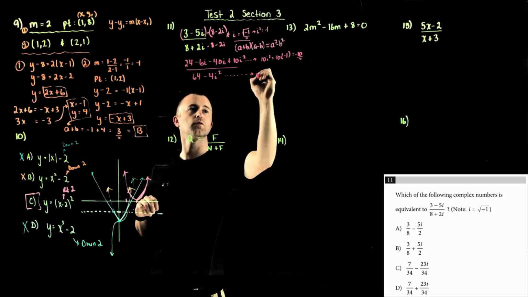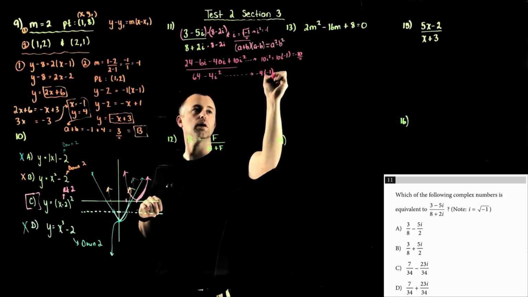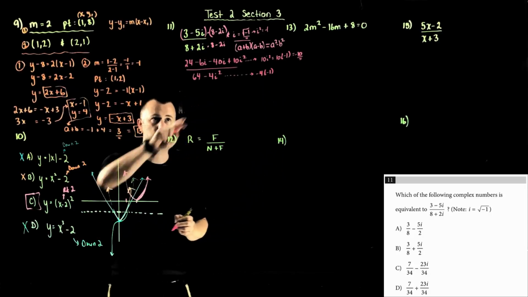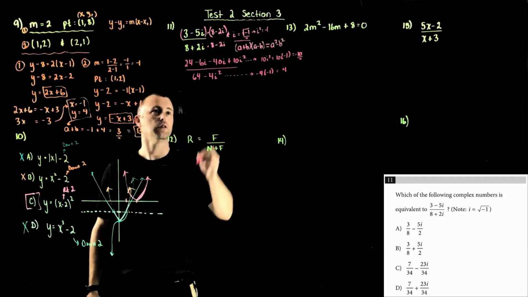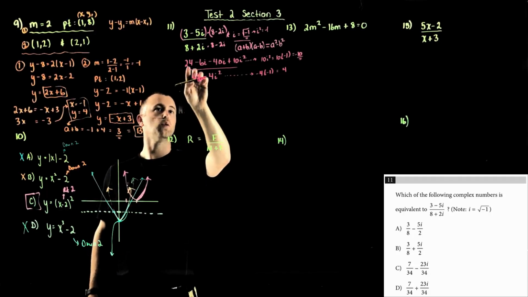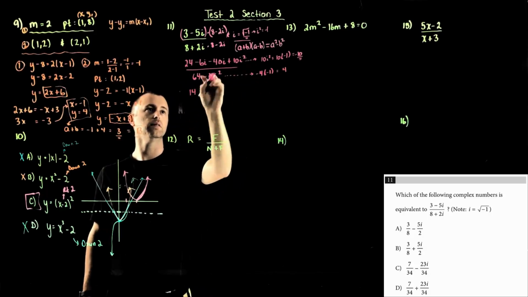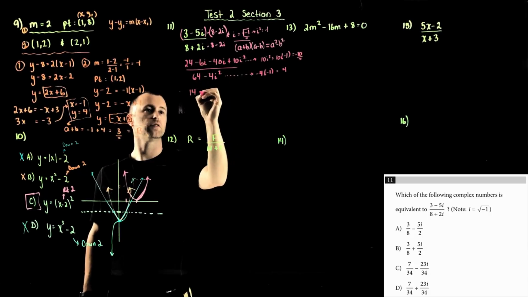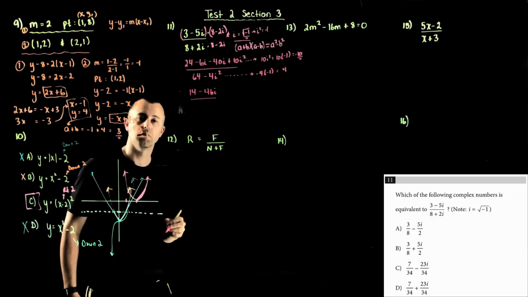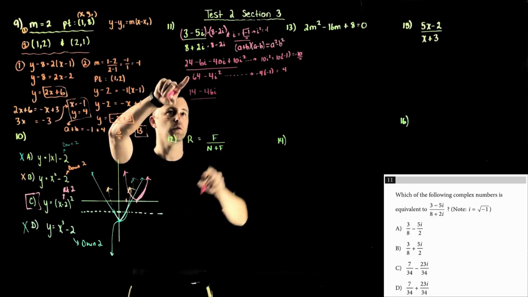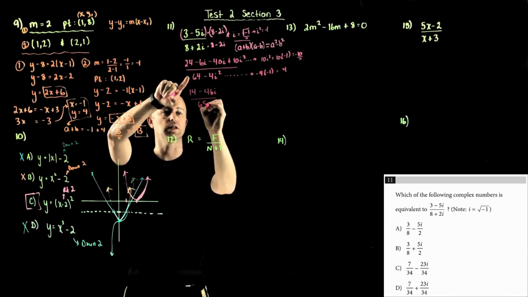Take this minus 4 times i squared, and we have minus 4 times -1, so that's going to equal, in this case, positive 4. So I have 24 minus 10, so that's going to give me 14. I have -6 minus 40, which is -46i. That's my numerator. My denominator is 64 plus 4, because these negatives cancel, so that's going to equal 68.